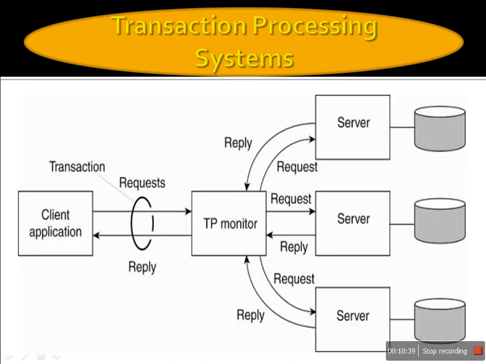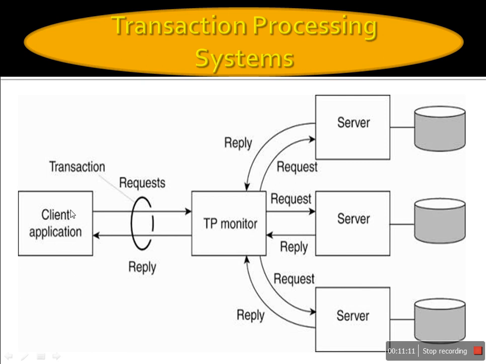This is the diagram of transaction processing system. In this diagram, there is a component called transaction processing monitor, TP monitor. Its main task is to allow an application to access multiple servers and databases by offering it a transactional programming model. We can see server 1, 2, 3, and this is the client application.